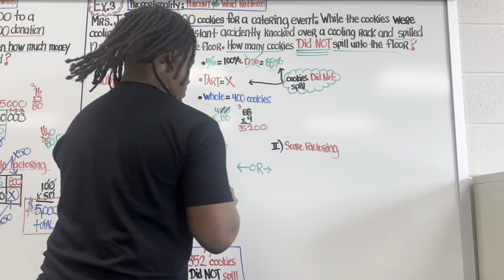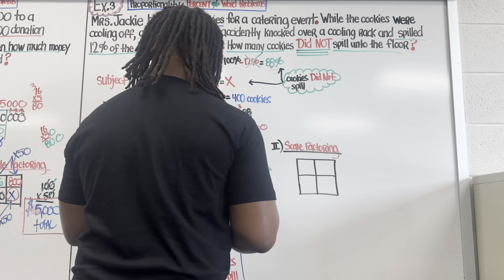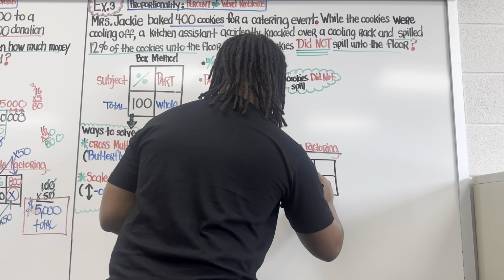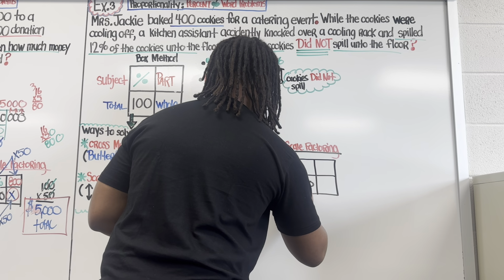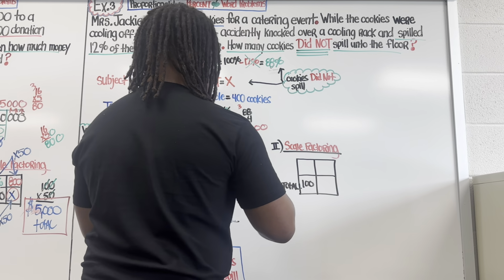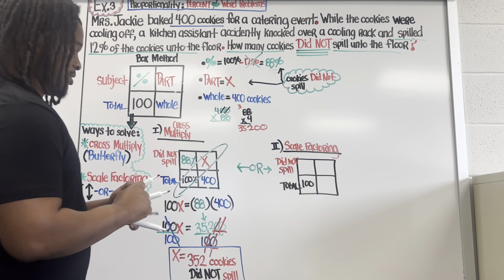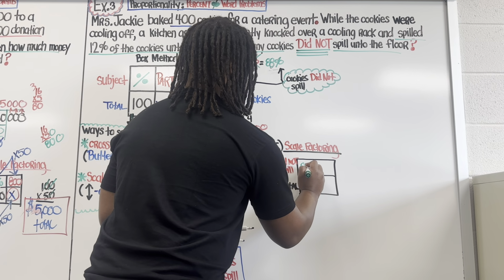Let's act like we didn't solve this problem. We don't know the answer, so I'm just going to resolve it. I'm going to set it back up the same way that I did earlier. 100 is the total, and this line represents the part in the percent, which is the percentage of cookies that did not spill. 88% did not spill.